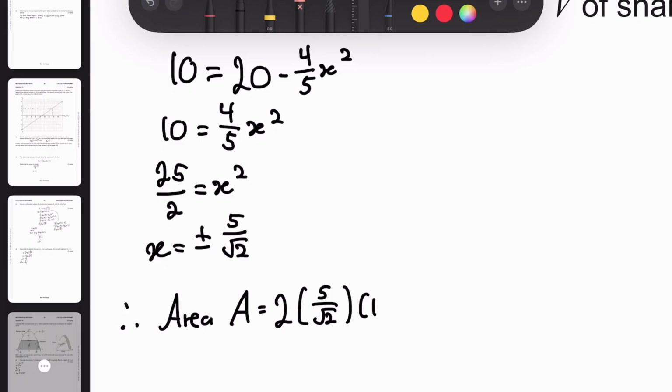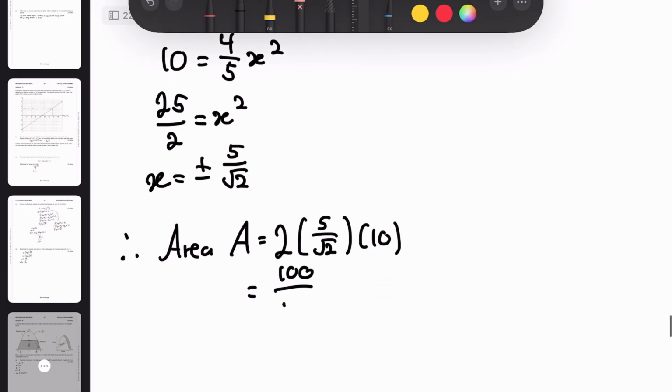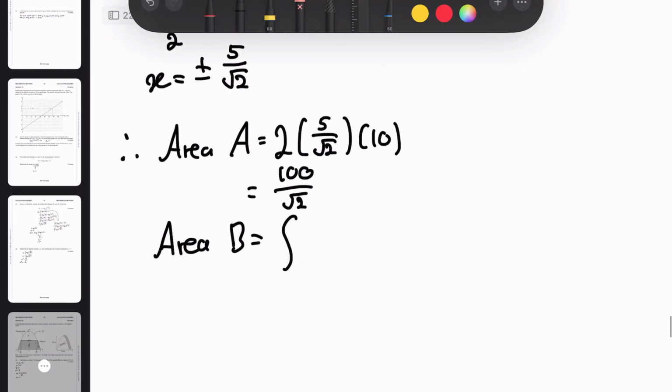So there's going to be 100 on square root of 2. Then we know that area B is just going to be the integral from 5 on square root of 2 to 5 of 20 minus 4 on 5 x squared dx.